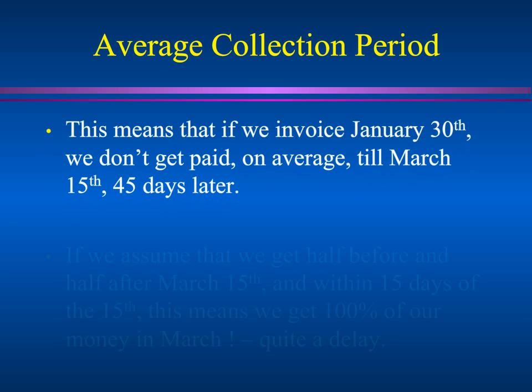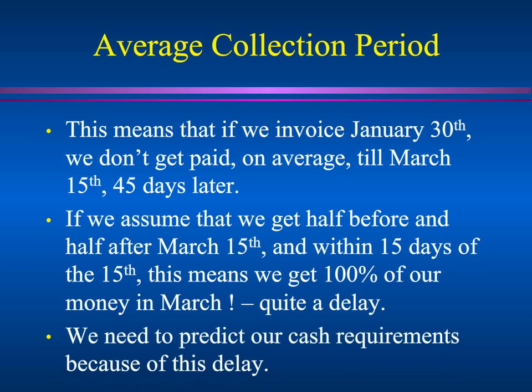Now, to drive this home, if we send out invoices January 30th and we don't get paid on average until 45 days later, it means on average we get our money around March 15th. Wow, quite a delay. So on average, we get all of the money that we invoice in January somewhere in the month of March. That's pretty stretched out, as we call it. We need to predict our cash requirements because of this delay.